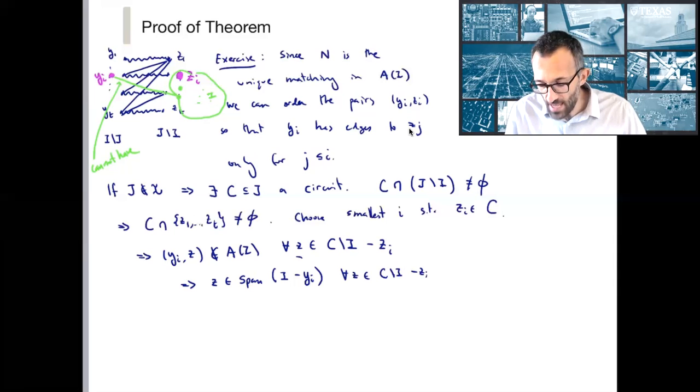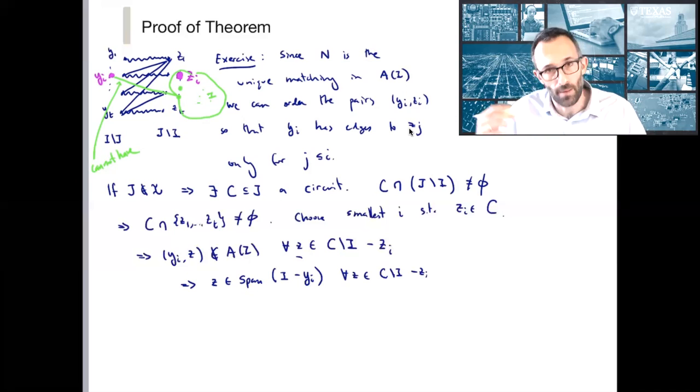And if there's an edge between yi and z, it means I can take out yi, put in z, and I'm independent. But that would mean that there would be an edge from yi to z.